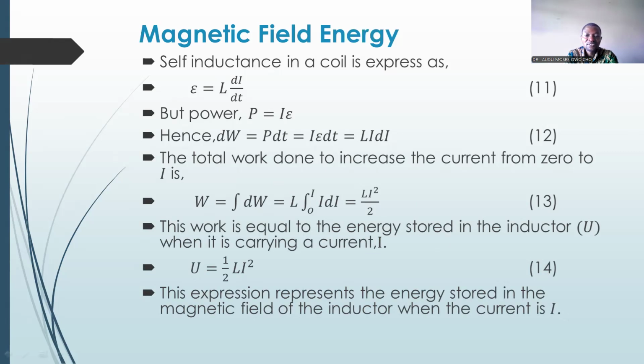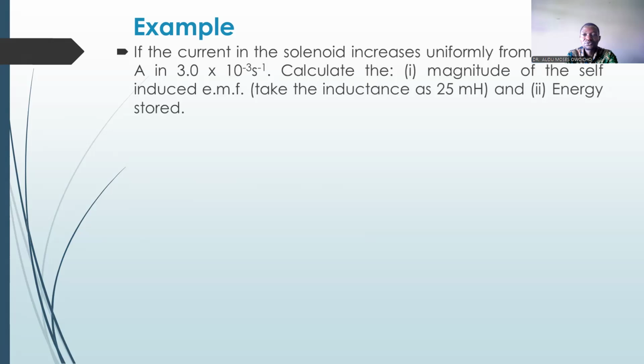Equation 14 is the expression representing the energy stored in the magnetic field of the inductor when current I is flowing through it. Let's look at an example of how to use the expression we just derived.